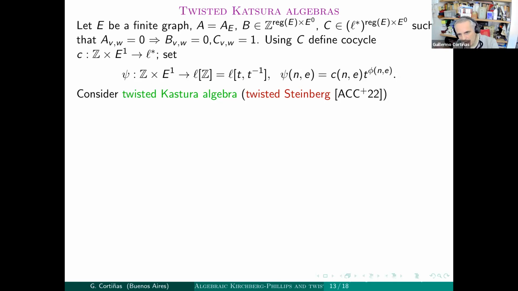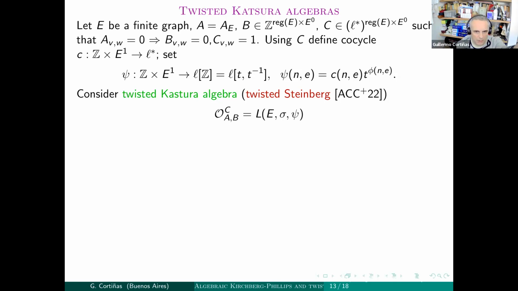So twisted Steinberg algebras were studied, among other places, in this paper, which has many authors, one of the first of them being Armstrong. I have the list at the end of the slides.